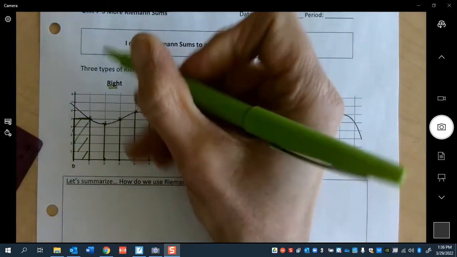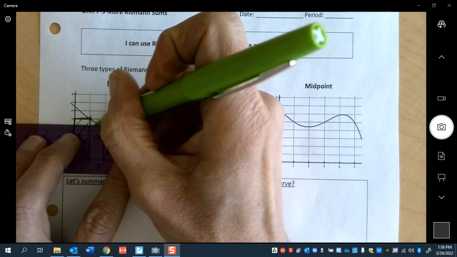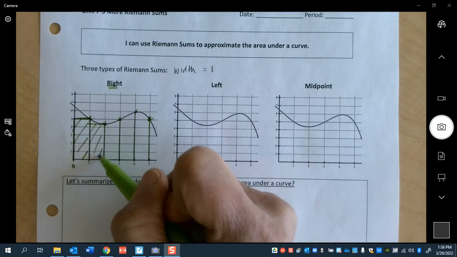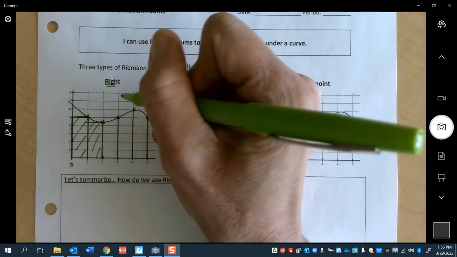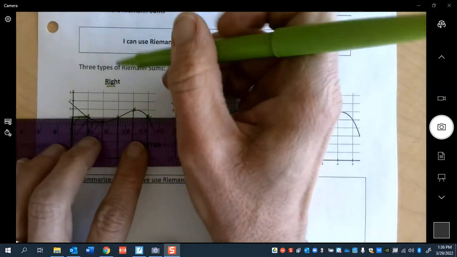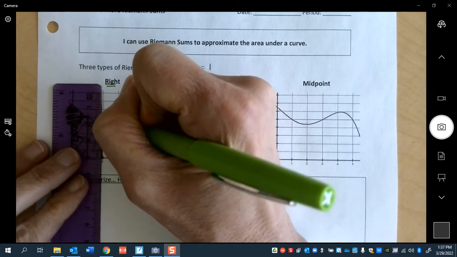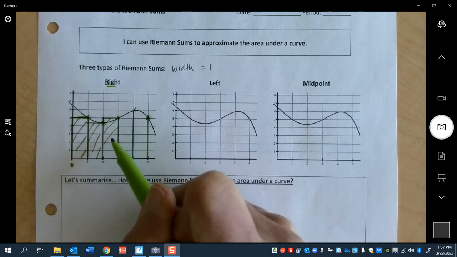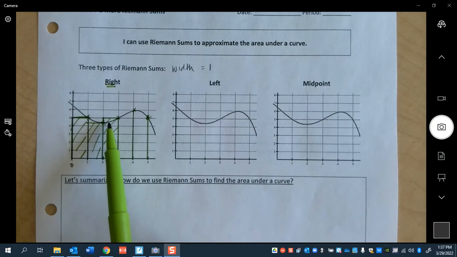So when I look at this next intersection here, and I draw my line out, I can see if I find the area of this box, for both of these, there's a little bit of an area that I missed. But if I have a curve that both increases and decreases, that area a lot of times ends up balancing out, because notice when I do this right-hand sum, I've overestimated beyond the curve.